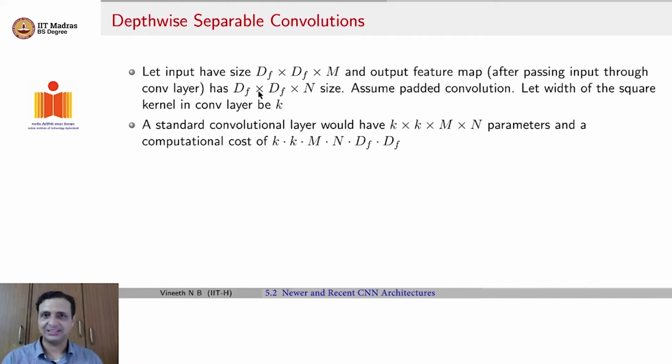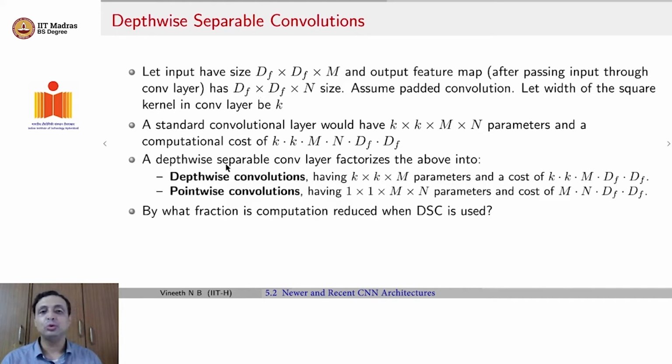Let's see what happens if you use a depthwise separable convolution. This factorizes the above computations into two parts. First, depthwise convolutions, then pointwise convolutions, which is the 1 cross 1 cross m part. The depthwise convolutions, which operate channel wise, have k cross k cross m parameters, each filter being k cross k, and you have m such filters, one for each channel.